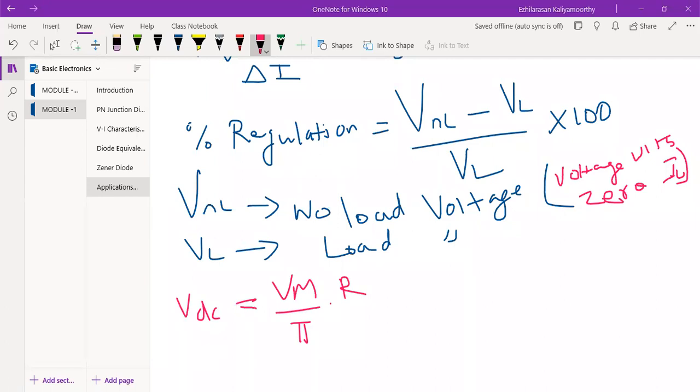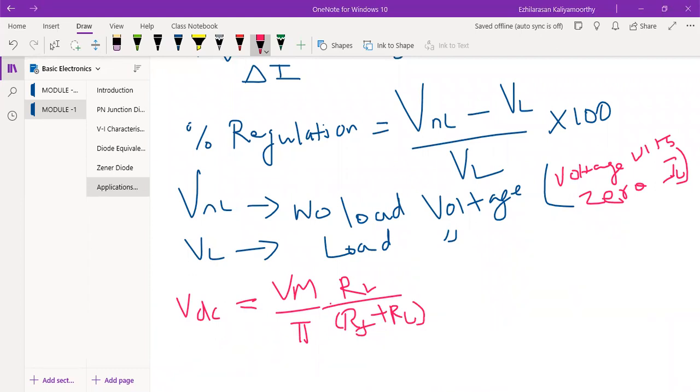Here it becomes Vm RL divided by RF plus RL. You may wonder where we got this RF. RF is nothing but the feedback resistance, and RL means the load resistance.